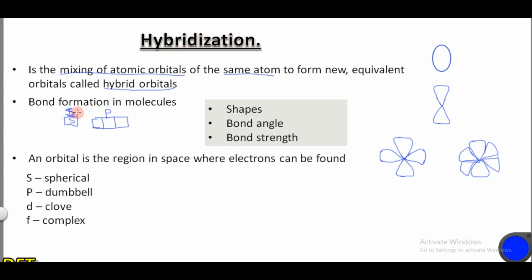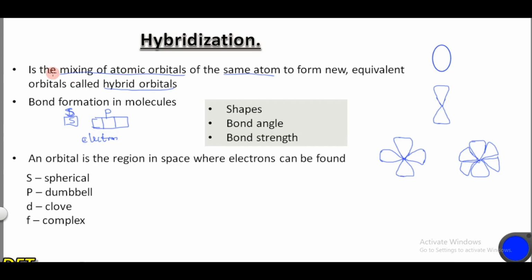And the reason for hybridization is to get a maximum separation of electrons, which will in turn give that molecule stability, right? So the main purpose for hybridization is to get a maximum separation of electrons, so that the compound or the molecule can become more stable.